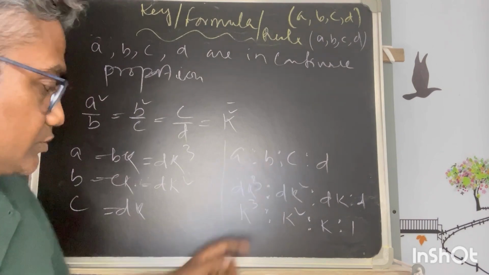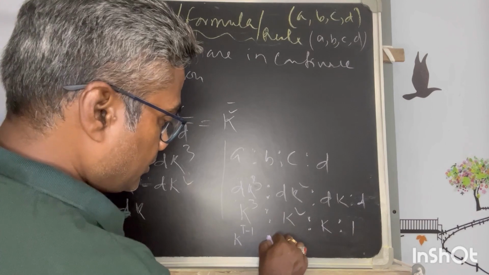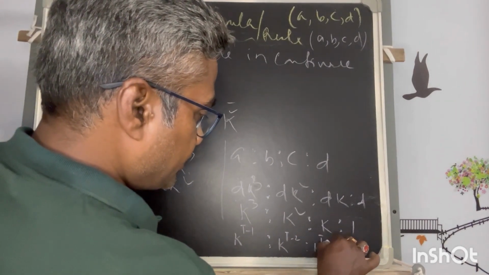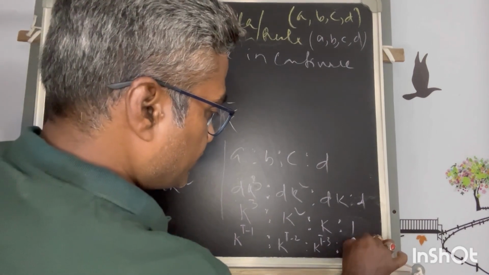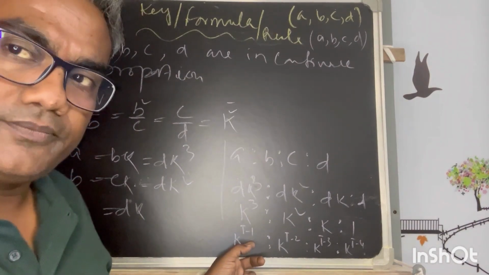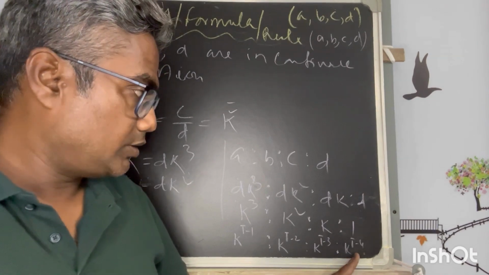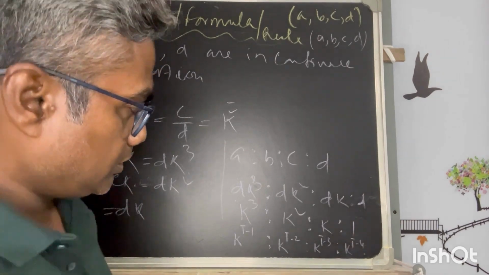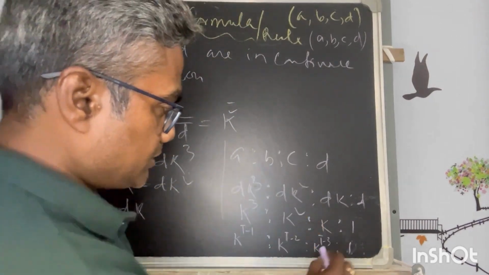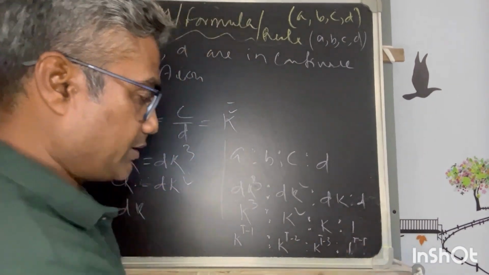If it is 4 terms, the powers will be number of terms minus 1, number of terms minus 2, number of terms minus 3, number of terms minus 4, and likewise till it goes to k to the power number of terms minus number of terms.